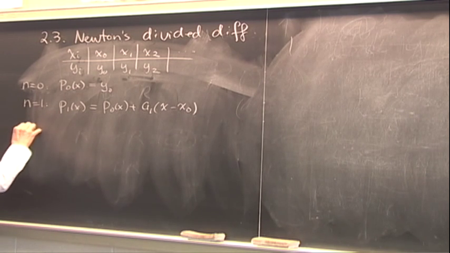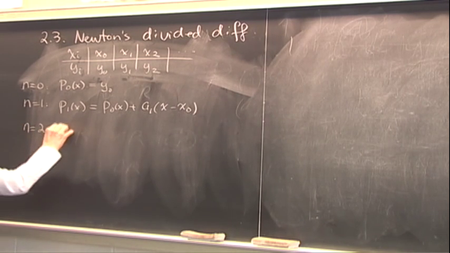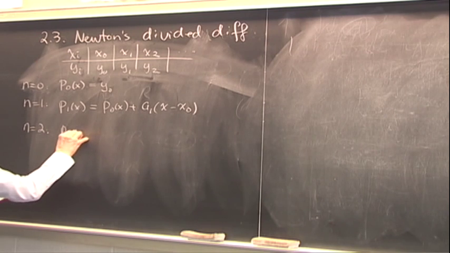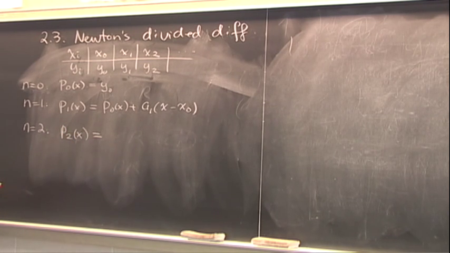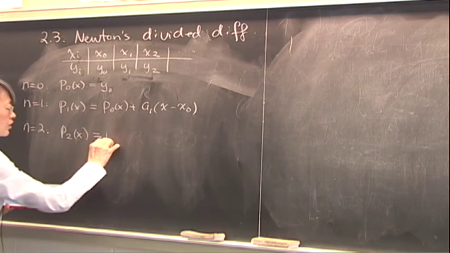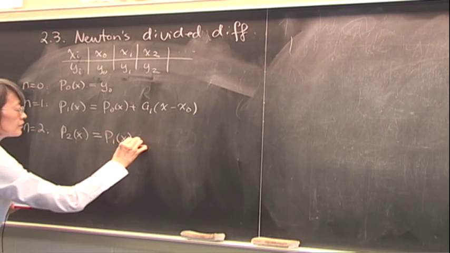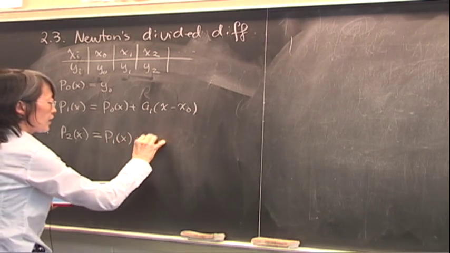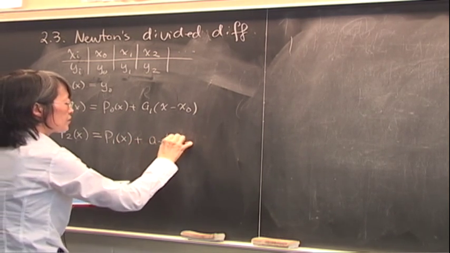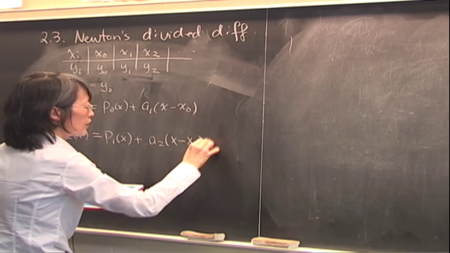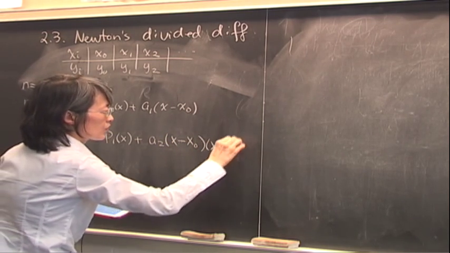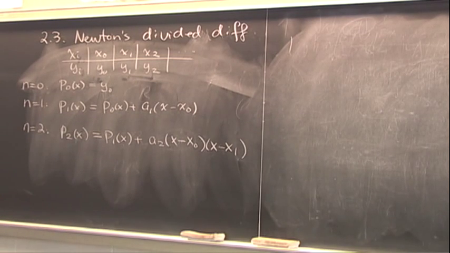So one more time we did this, so we include 1 more point. So in order to interpolate 3 points, now we use the P1 of x plus an A2 times (x minus x0)(x minus x1).